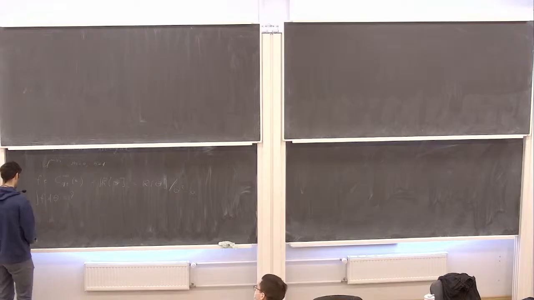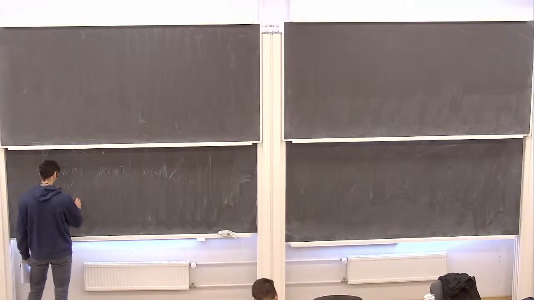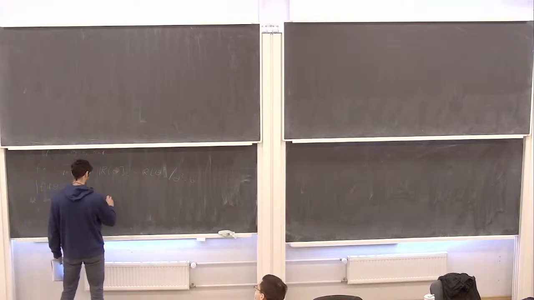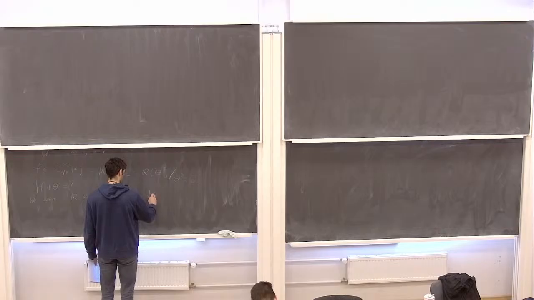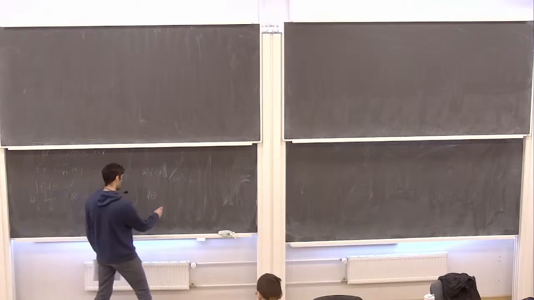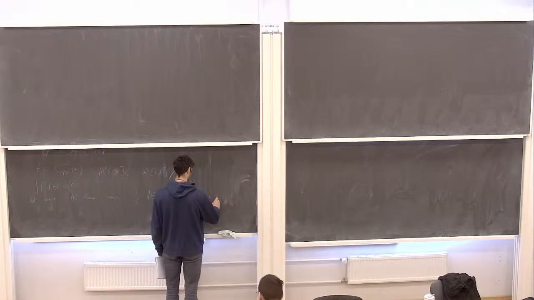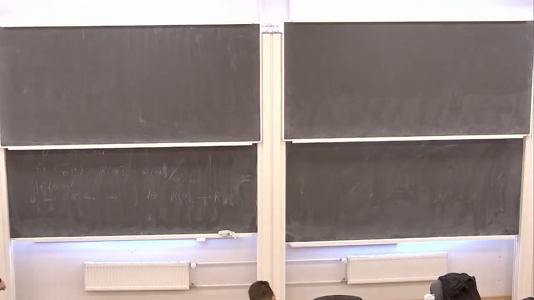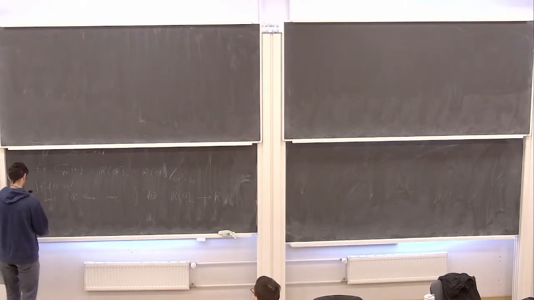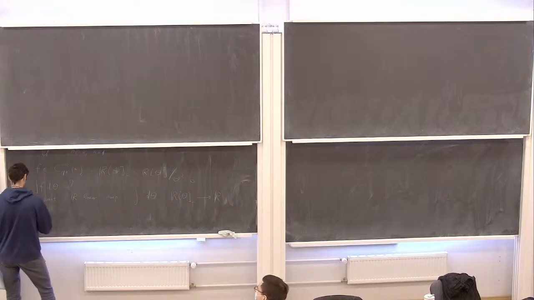So we want an R-linear map, which symbolically may be denoted like this, from R[theta] to R. And the property that we would like to keep is that the integral of a derivative should be 0.